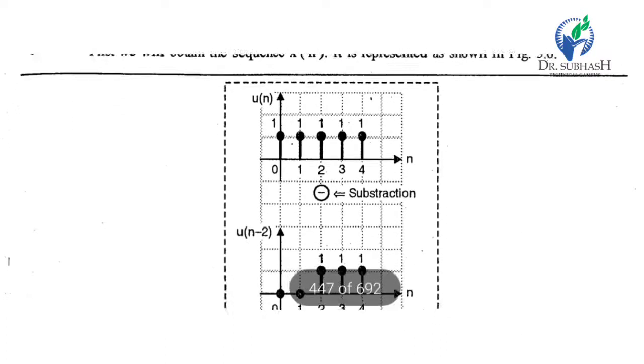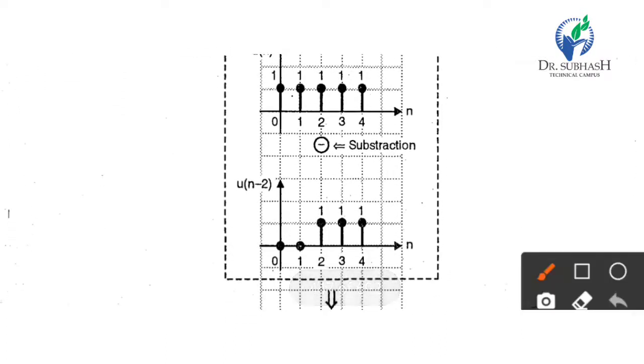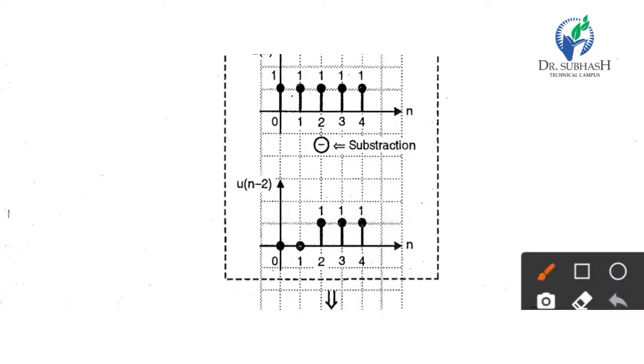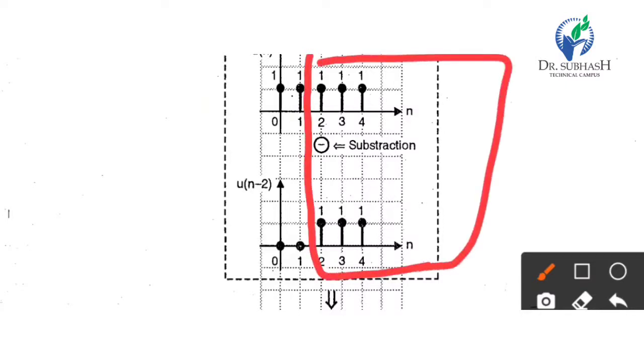First we will obtain u of n. It starts from 0 to positive infinity, all the values are 1, and u of n minus 2 is shifted to the right by 2 points, so it starts from 2. Whenever we subtract this signal, the overlapping part is subtracted and all its values become 0.